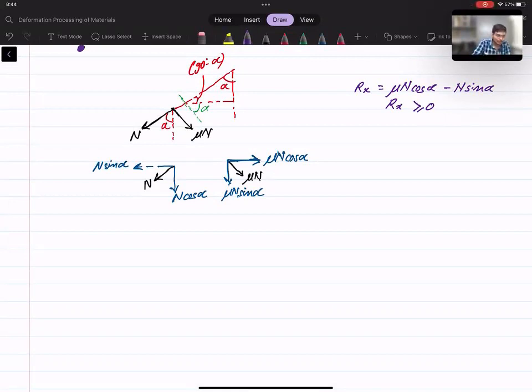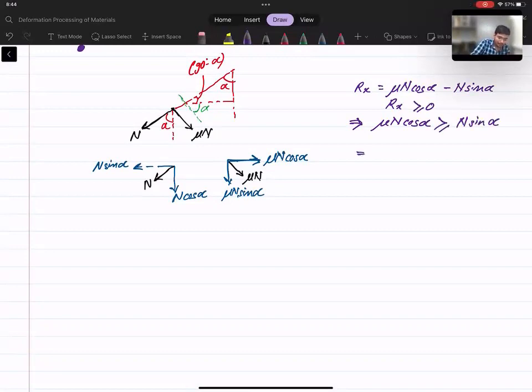Okay. So rearranging these equations, minimum value should be 0 here. So in that case, we can say that mu n cos alpha should be greater than or equal to n sin alpha.